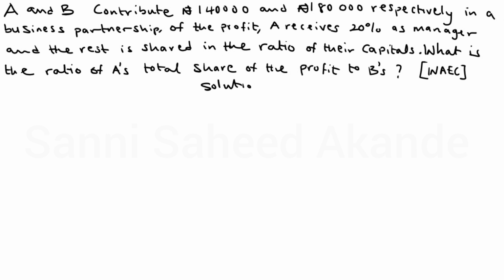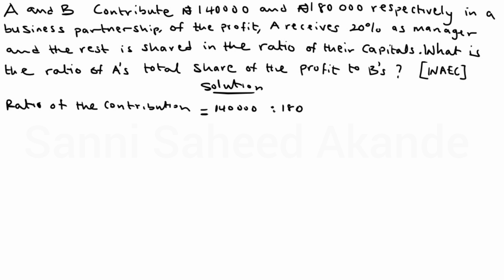Now I want you to take note first. We are going to find the ratio of their contribution. The ratio of their contribution is equal to 140,000 to 180,000.